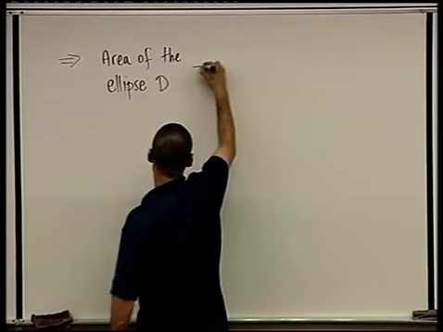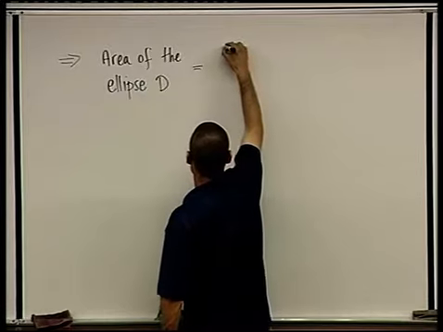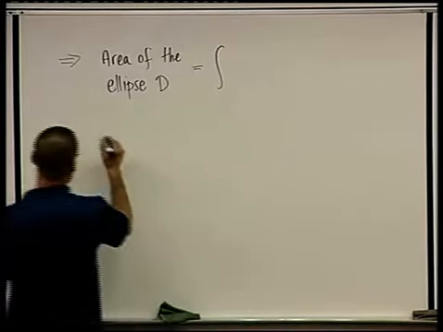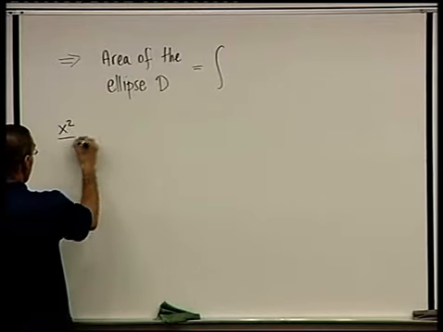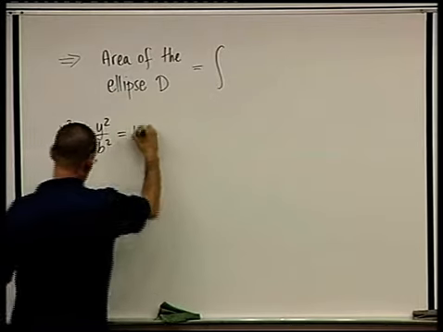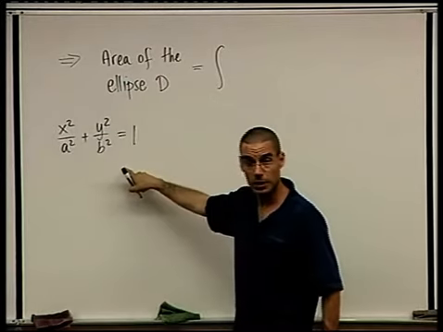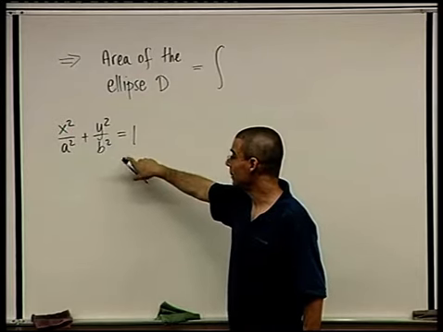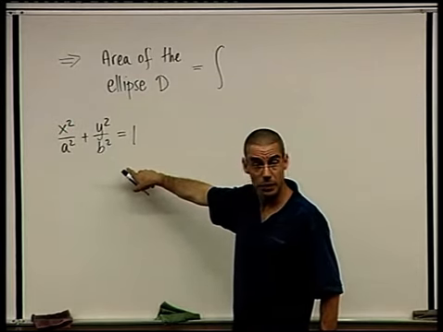Back to our example, the area of the ellipse D equals the integral. Well, let's parameterize the ellipse. An ellipse is given by x squared over a squared plus y squared over b squared equals 1, right? That's the equation of an ellipse in analytic geometry. Do you agree?